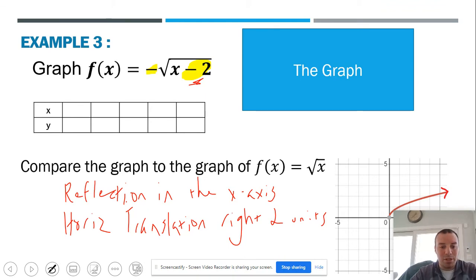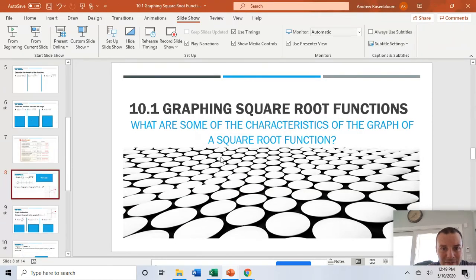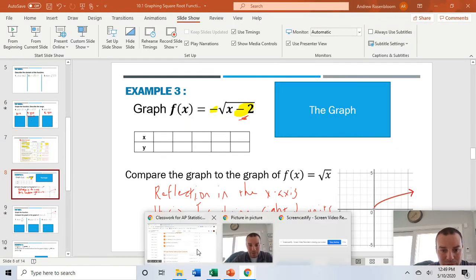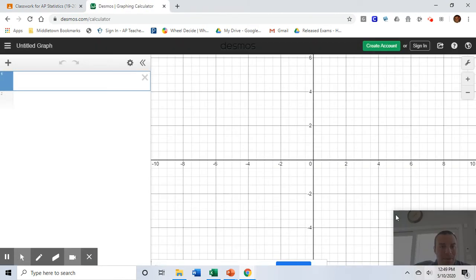Now would be a good time. Let's go into Desmos and actually graph this so we can see. We've got negative square root of x - 2. So let's graph our parent function first, which is the square root of x.